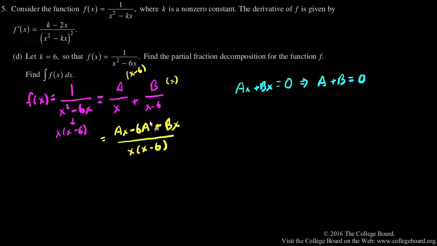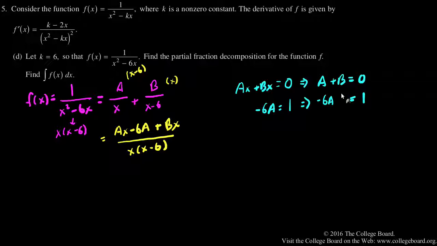And the only constant term, this a is going to be a constant literal value, is negative 6a on that right-hand side. So I know that negative 6a equals 1. Now, I don't need to change anything there, so I'm just going to rewrite it. So I have negative 6a.